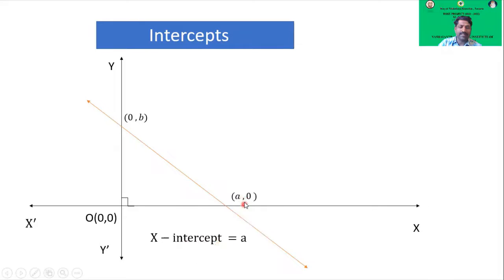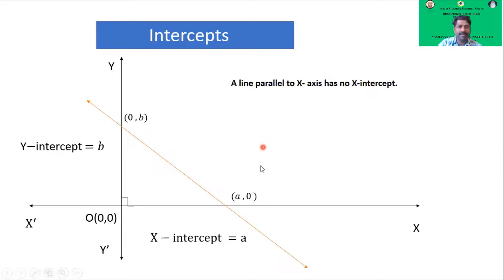So x intercept is a, the x coordinate of this point of intersection, and y intercept is b, the y coordinate of the point of intersection of the line and y axis. So these are the intercepts made by the line on both the axes, x intercept a and y intercept b.